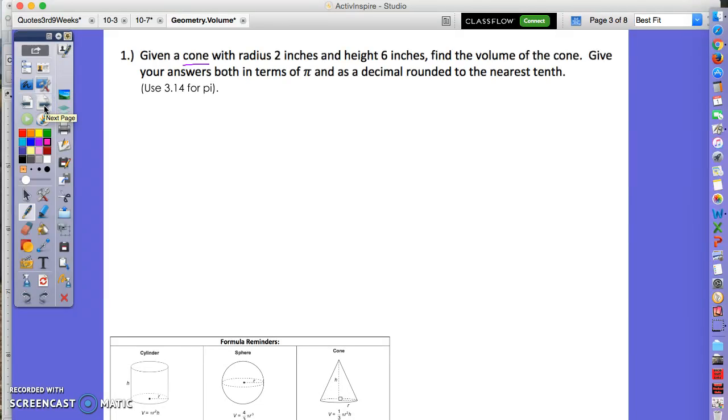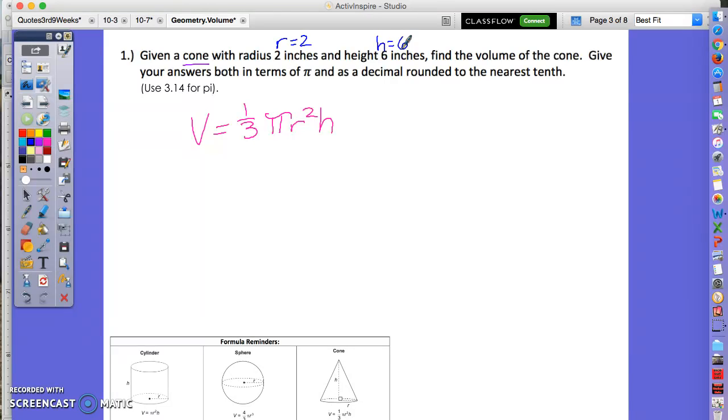Okay, so number one, given a cone, the first thing I would do is make sure you write down the volume formula for a cone. The volume formula for a cone was 1/3 pi r squared h. It says given a cone with a radius of 2 and a height of 6, and notice those are both in inches, so we don't have different units, find the volume of the cone.